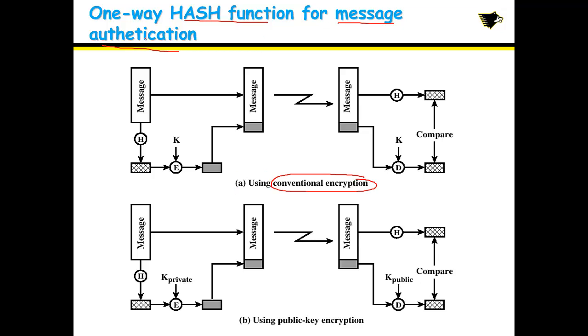for message authentication. For example, this is a message. First you pass it through the hash function to create a hash code. Then this hash code will be encrypted using symmetric encryption, with this key.